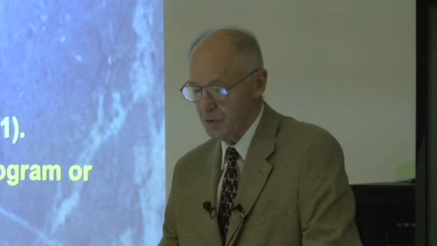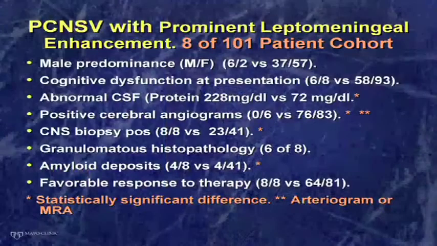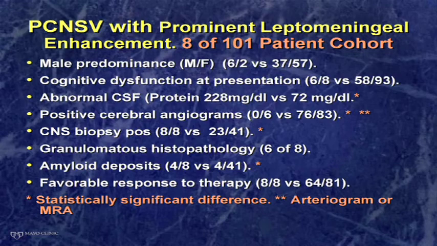Now, the patients who had prominent leptomeningeal enhancement, there were 8 of them, and at this point, our cohort was 101. Now we have 13 of these patients, but I just hadn't had time to analyze them like this, so I just used the older group. There was a little sex differentiation, not really significant. They presented with a cognitive dysfunction. This was generally pretty widespread throughout the leptomeningeal, so you might have a rather global involvement.